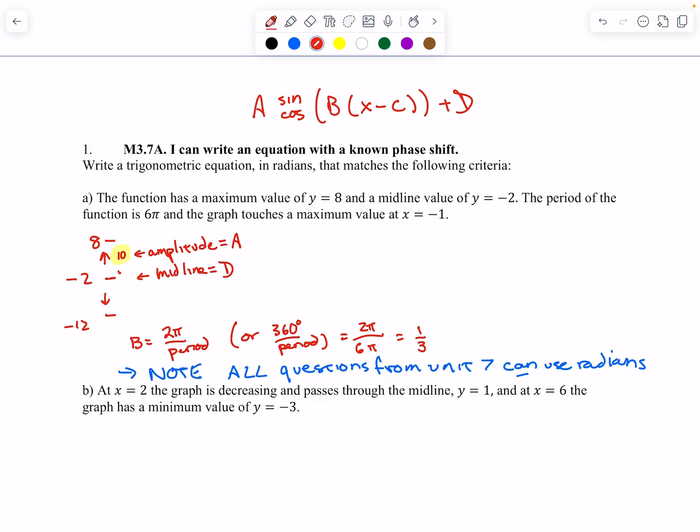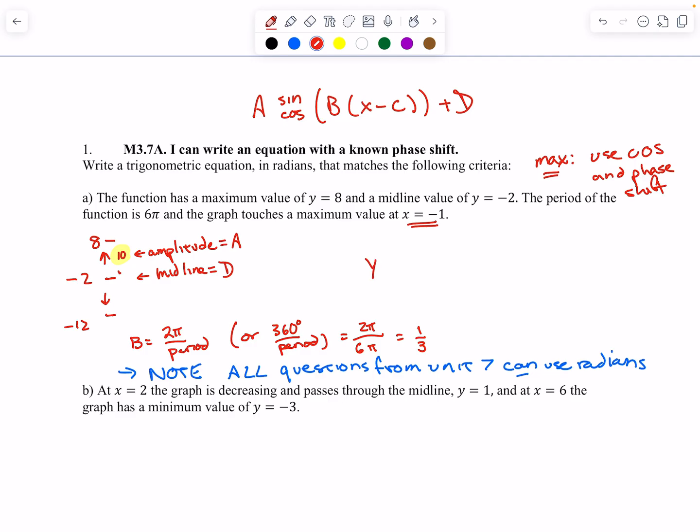And then C, the phase shift, be aware that if they give you a max value, use cosine. Oops, sorry. So if it gives you a maximum value, use cosine, and that is the phase shift.